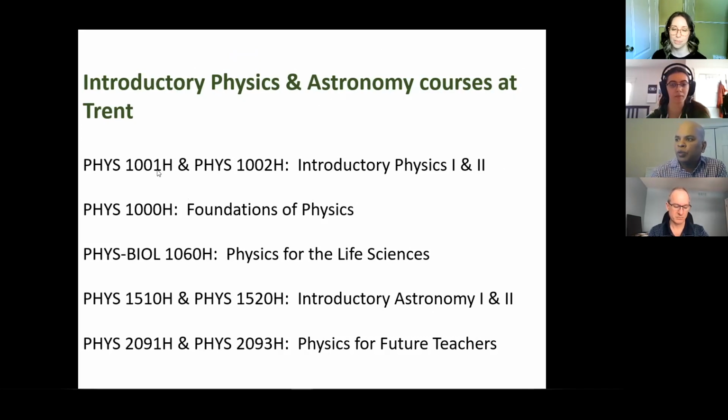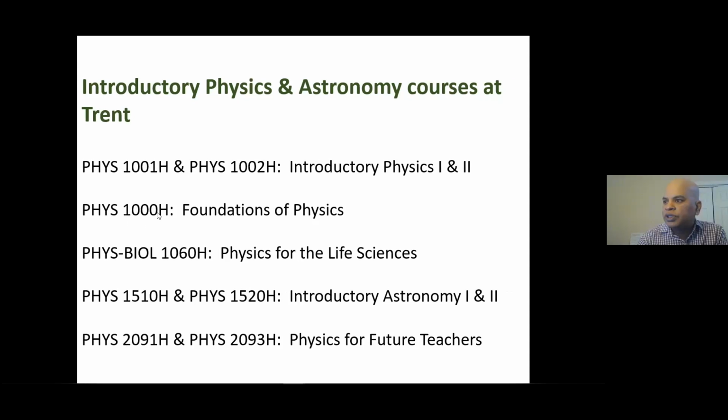One is 1001 and 1002, offered in 2 terms, and another course is Physics 1000, Foundations of Physics. Then the third type is Physics for Life Science students. In addition to these, we have introductory astronomy courses 1 and 2. That is also very popular on the campus.